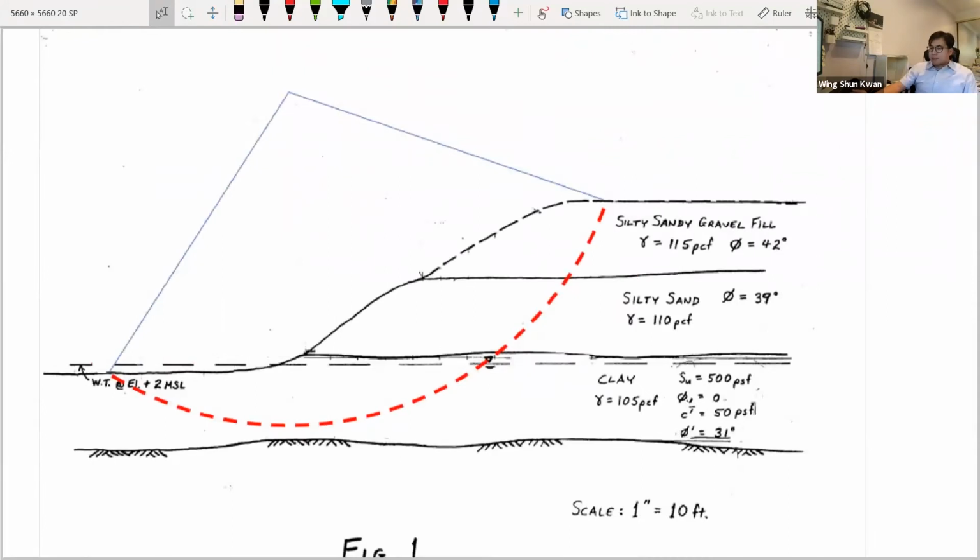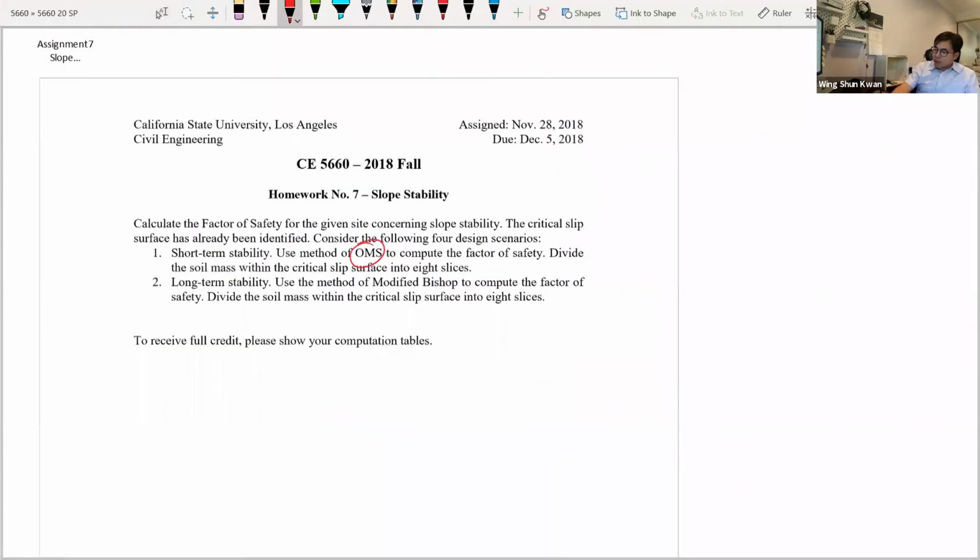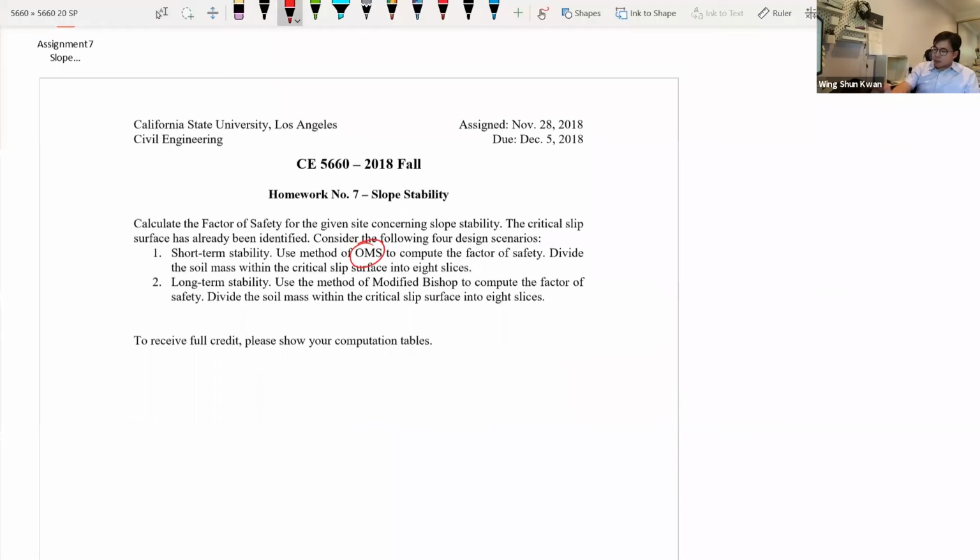So you have a slope like this, and then you are being asked to calculate the factor of safety based on both the ordinary method of slices and also the modified Bishop method, and to think about the short term and long term stability. So should there be drained or undrained conditions?